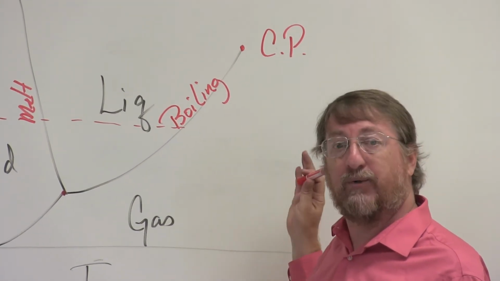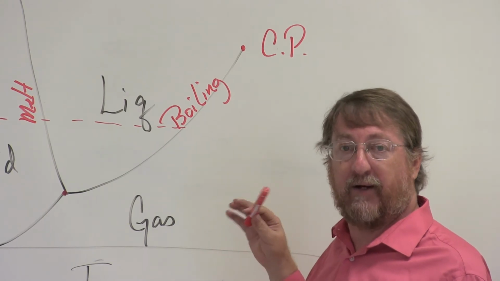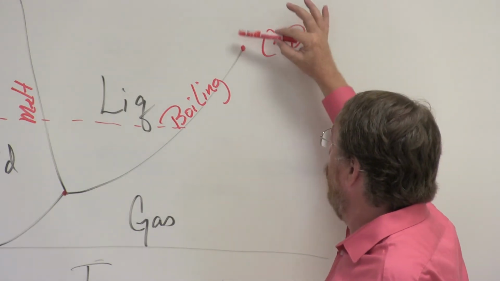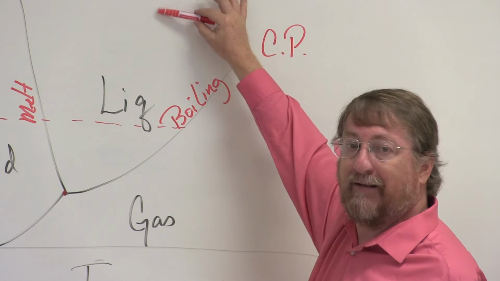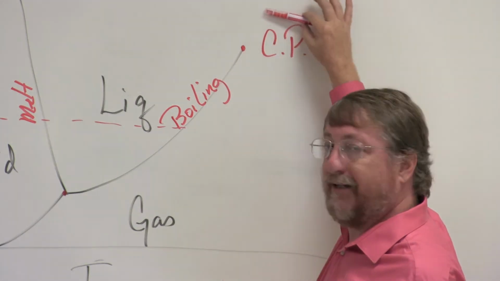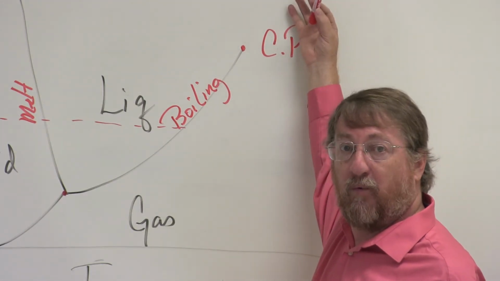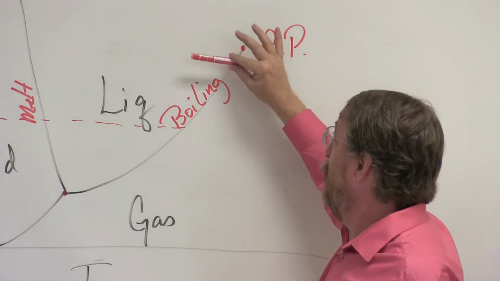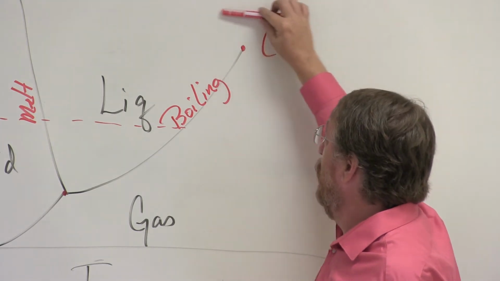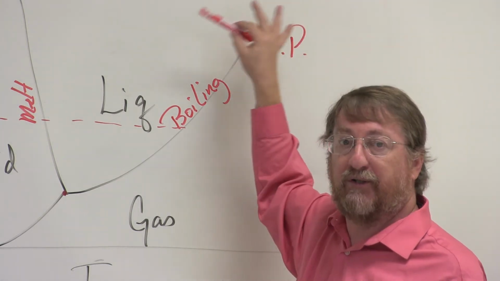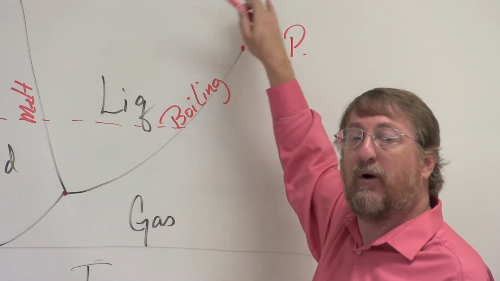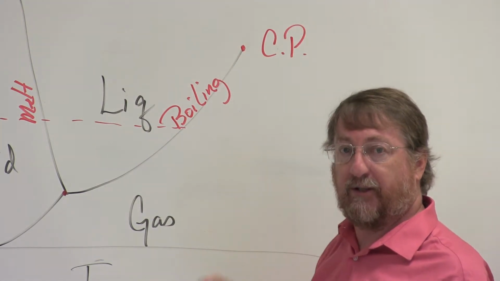There's no separation, no boundary between the liquid and gas phase the way we're used to. Also beyond the critical point, normally we can take the liquid, raise its temperature to some point, and it will boil. Not true. Once we move past the critical point, we can raise the temperature. There is no separation between the 2 phases. It becomes more like a gas as we raise the temperature.